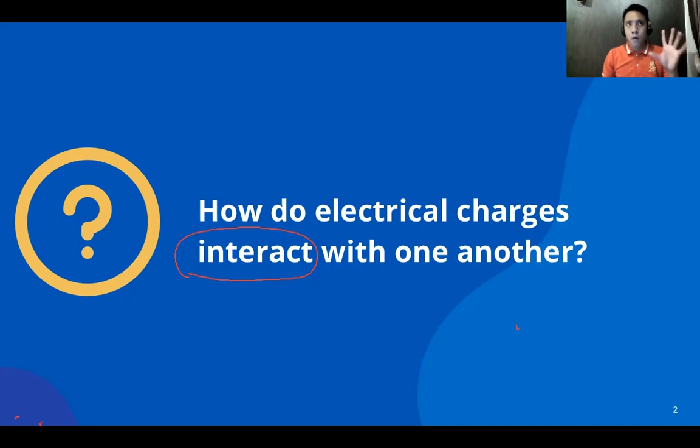So, kumbaga, we have two charges, right? The negatively charged and the positively charged. If we have negative and positive, how can they interact with each other? Are they going to combine or are they going to separate? Those are what we are going to tackle now, and then how to solve those problems using Coulomb's law.